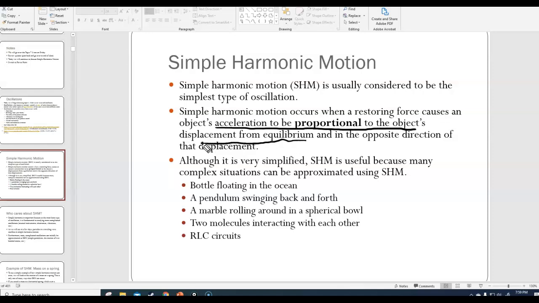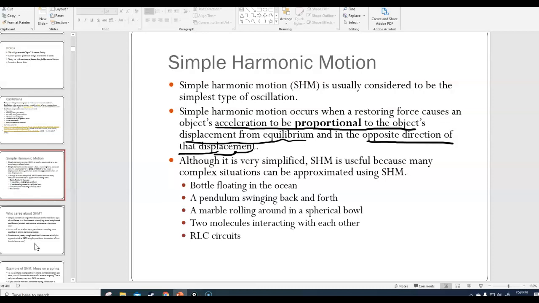And then the second is that the acceleration or restoring force has to be in the opposite direction of that displacement. Any situation where those two conditions are met, we can get simple harmonic motion. And the mass on a spring is only one out of many, many different examples where those things are true.